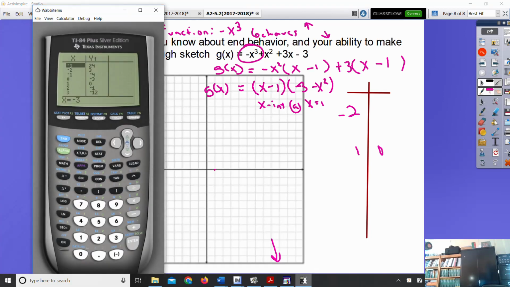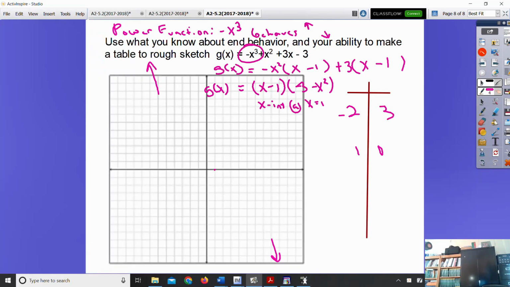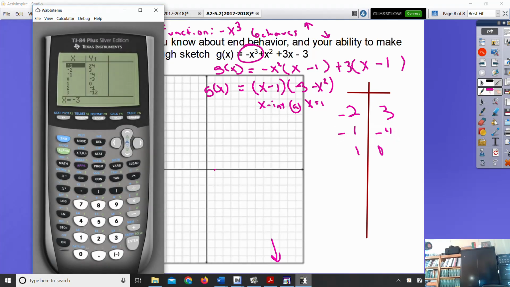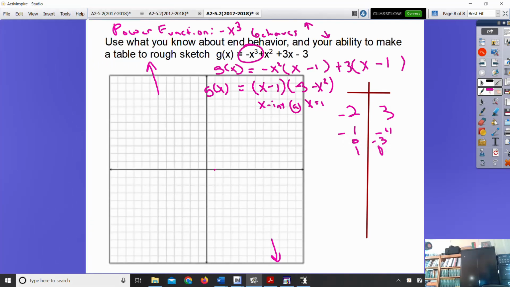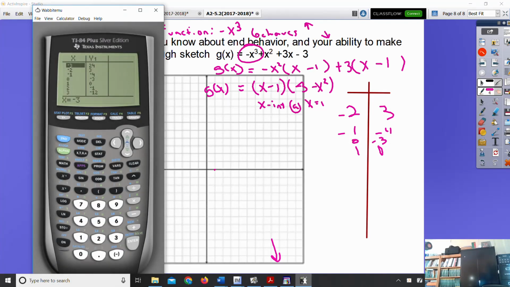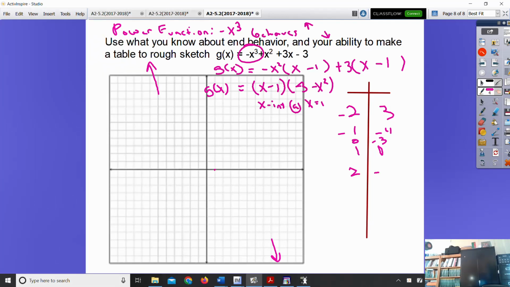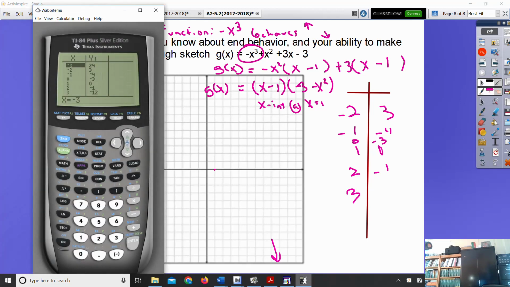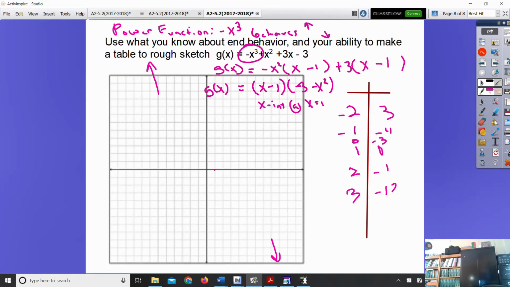What was it, +3? -1, -4. 0 would be nice. 0 ought to be -3. 1, 0, which we already have, 2, -1. And then there's 3, and it is -12. I think this grid goes that far.